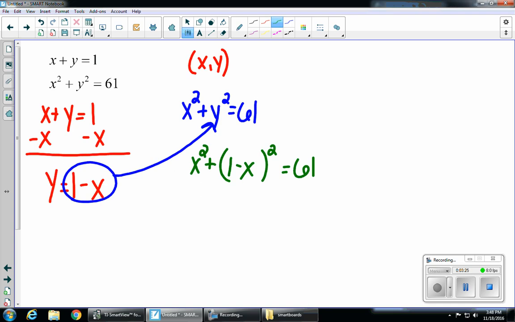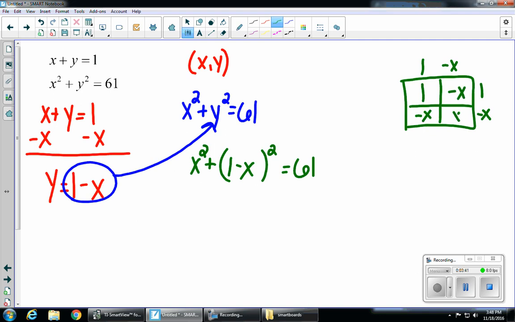For that (1 minus x) squared, you need to either double distribute or use the box method. So I'll show that over here on the side. 1 minus x times 1 minus x. So I end up with x squared minus 2x plus 1. So I have x squared plus my answer from my box method, x squared minus 2x plus 1 equals 61.